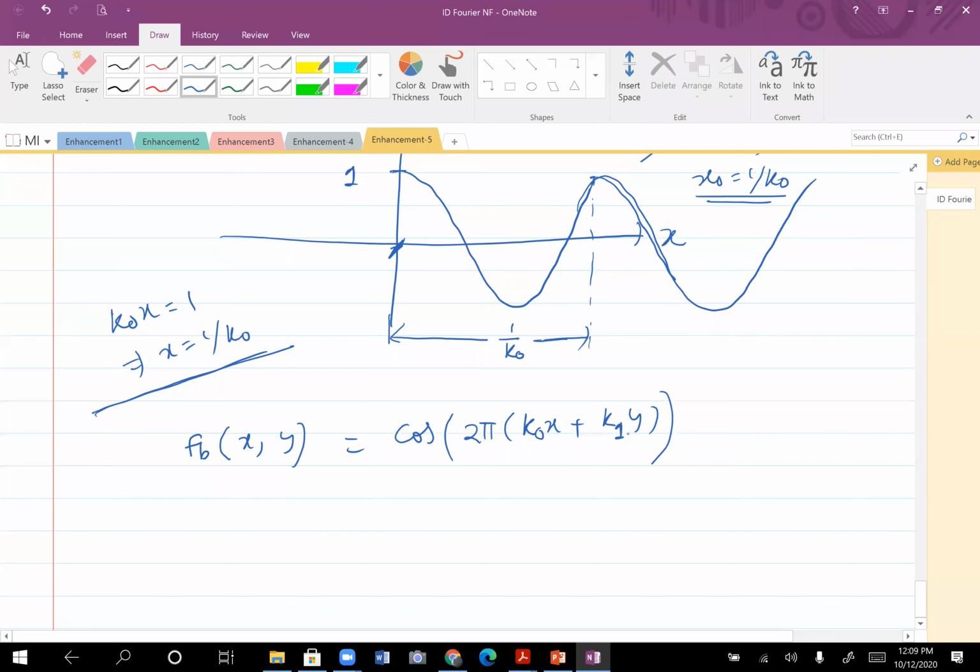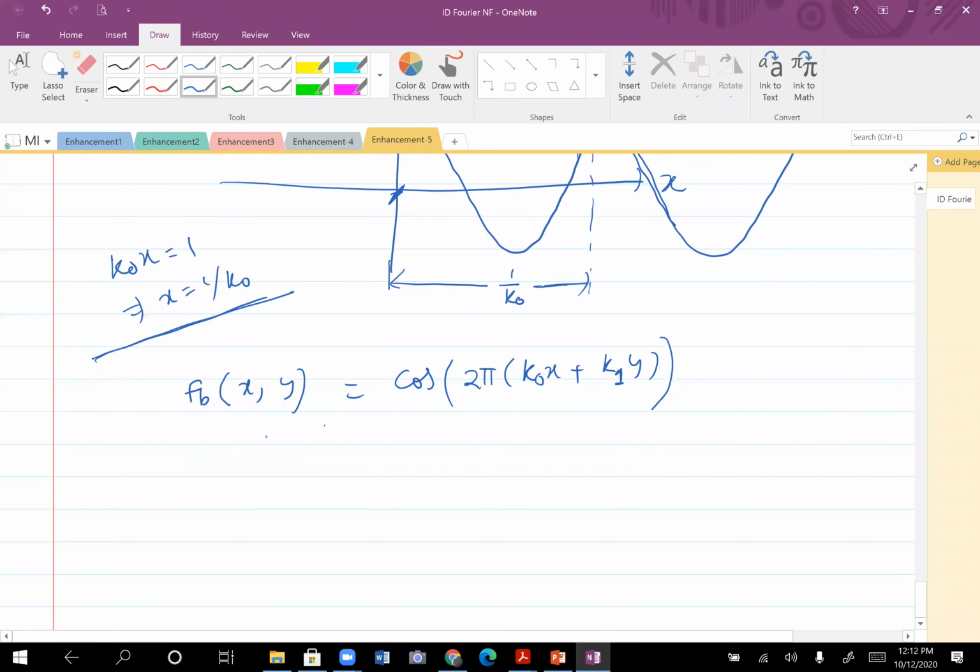Now, is it periodic in x? Assume k naught and k1 are non-zero. No. Is it periodic in y? No. Is it periodic at least in some direction? Yes.